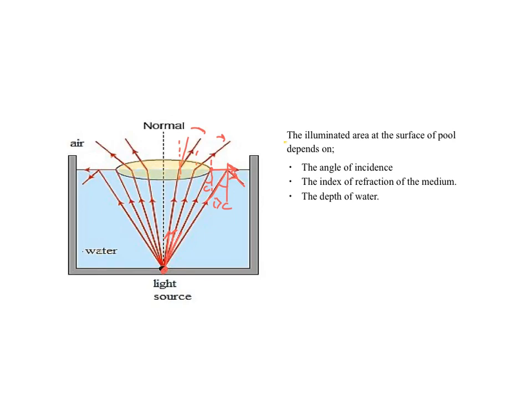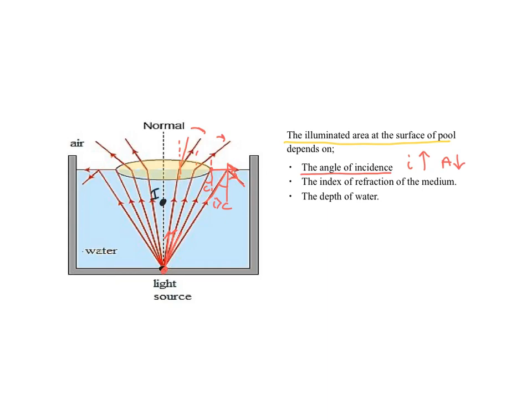So the factors that affect this illuminated area are, one, the angle of incidence. As the angle of incidence increases, the refraction gets more, so the illuminated area decreases. Think of the light source being here.